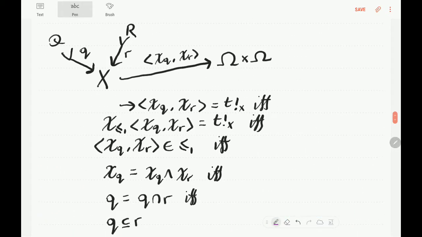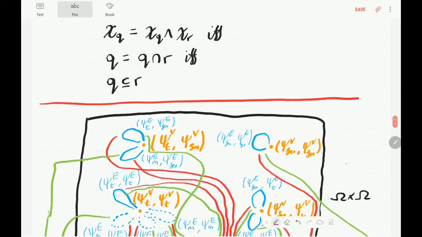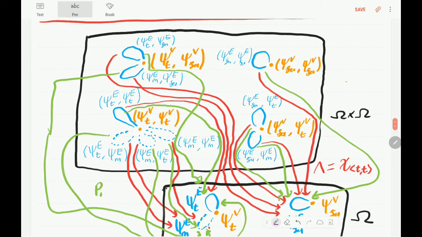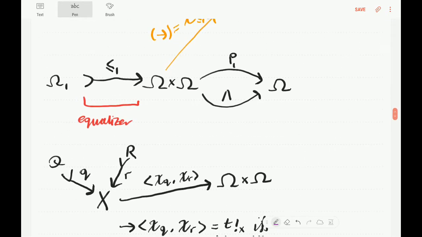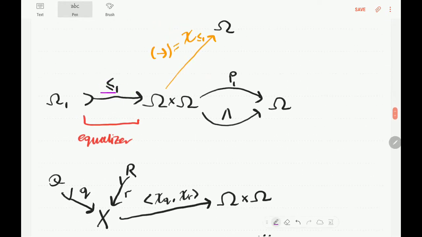Okay, so we have all this stuff now. So we want to visualize it. And the first thing is, how do we compute this relation here, less than or equal to 1? So it's a pretty mechanical process. We just draw out P1 and AND as arrows from omega times omega to omega.